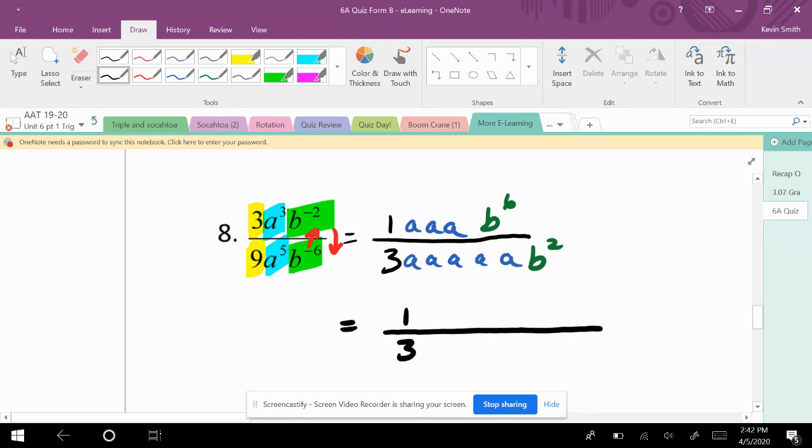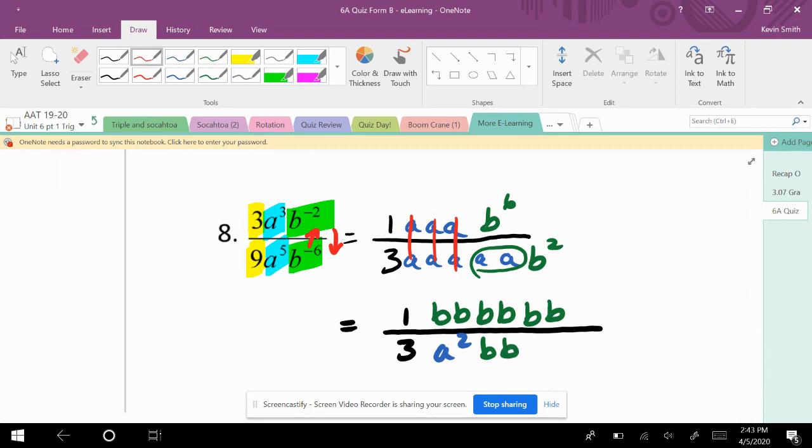So I get 1 over 3, a to the 3rd, or sorry, cancel out some a's. And I still have 6 b's up here. And I'm left with 2 a's down here. B squared, b, cancel out some b's or divide out some b's.